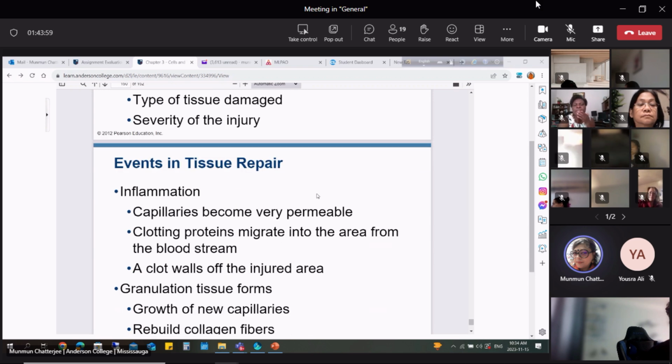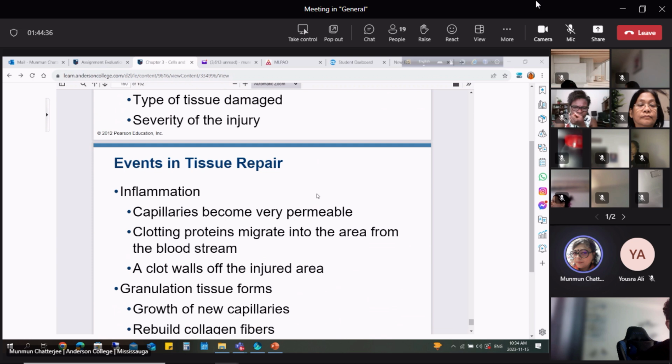So what are the different events in tissue repair? Inflammation: the capillaries become permeable, and clotting proteins migrate into the area from the bloodstream. We are going to learn this clotting process again later. But basically, first the capillary becomes permeable, and permeable means it allows the clotting proteins to migrate into the area from the bloodstream.